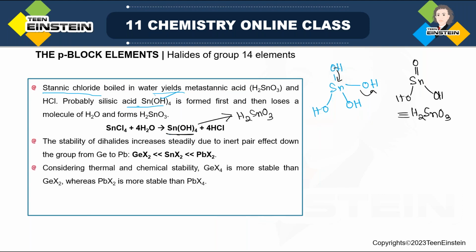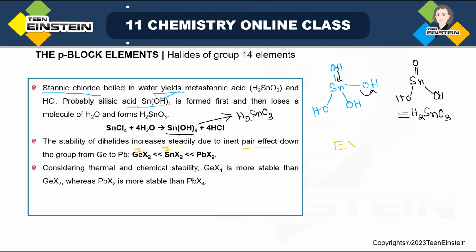Now we will see the dihalides, information related to dihalides. The stability of dihalides increases steadily as we are moving down the group, and that is because of the inert pair effect. Now when I'm saying dihalides, the oxidation state is +2.